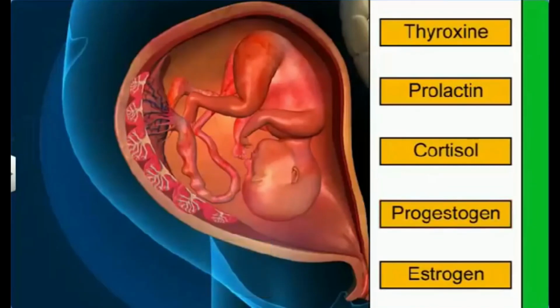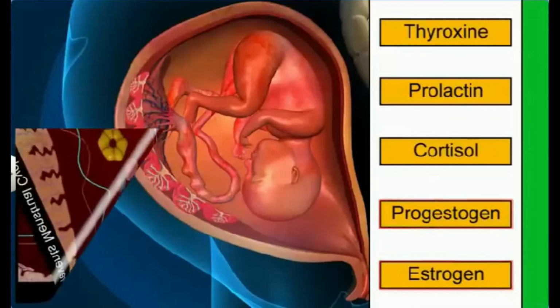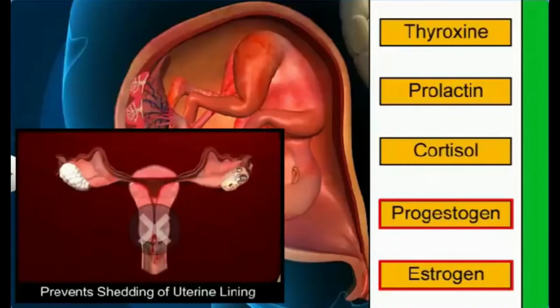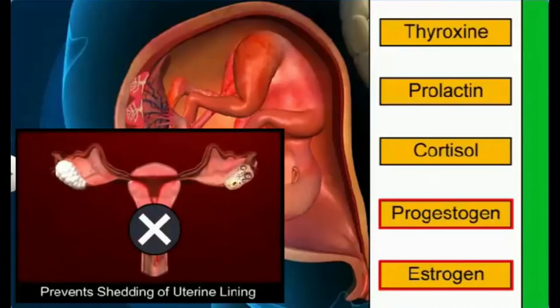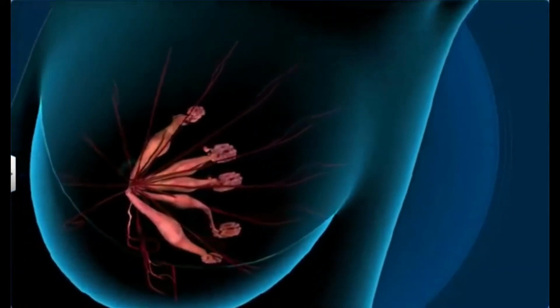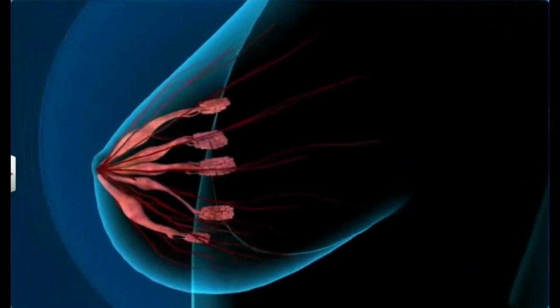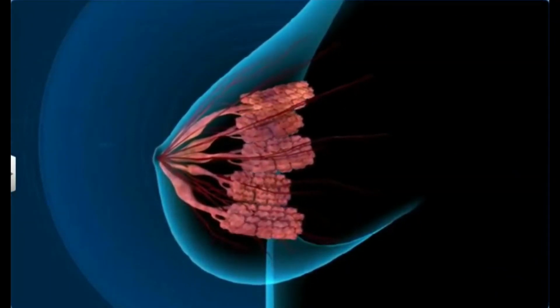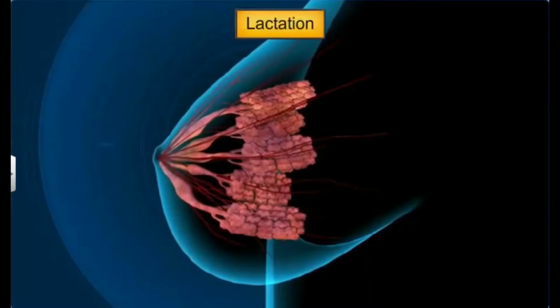Increased levels of progesterone and estrogen, for instance, put the menstrual cycle on hold and prevent the shedding of the uterine lining, which is embedded with the developing fetus. Hormonal changes also cause the cells of the mother's mammary glands to differentiate, resulting in these glands producing milk called lactogen towards the end of the pregnancy.